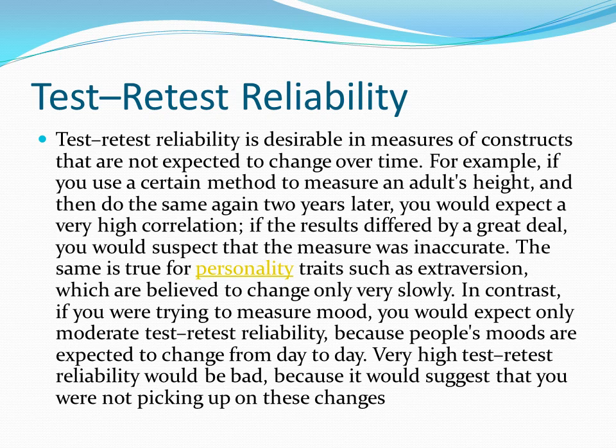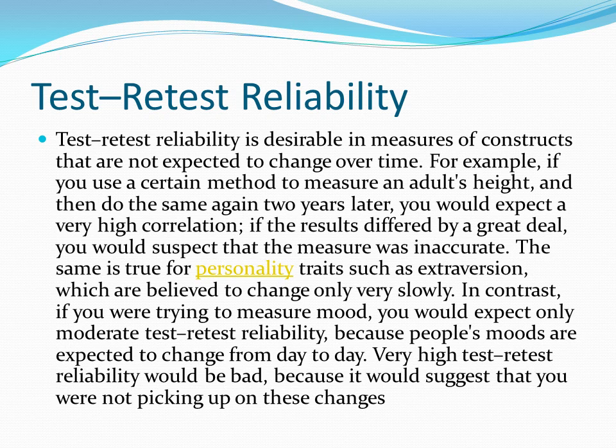If the results differed by a great deal, you would suspect that the measure was inaccurate. So something happened in the first or the second measurement that was inaccurate. You wouldn't expect that if the test-retest was done correctly.